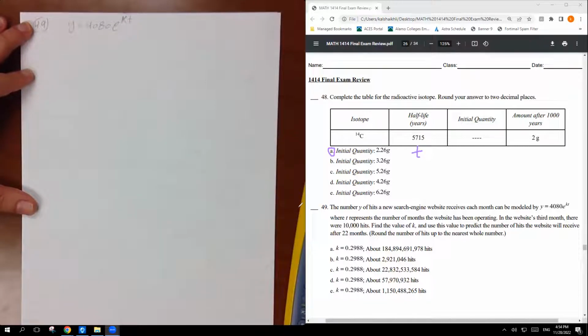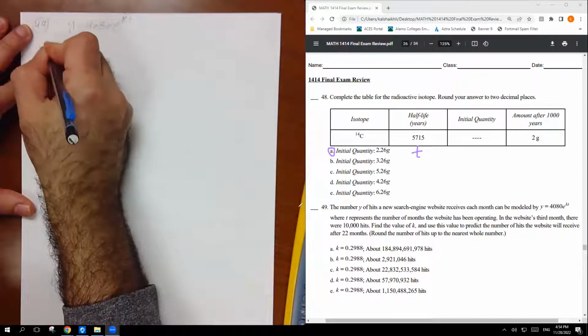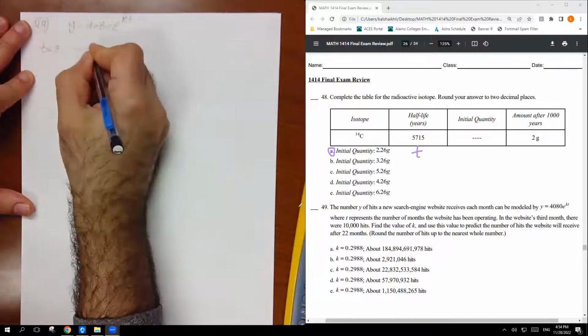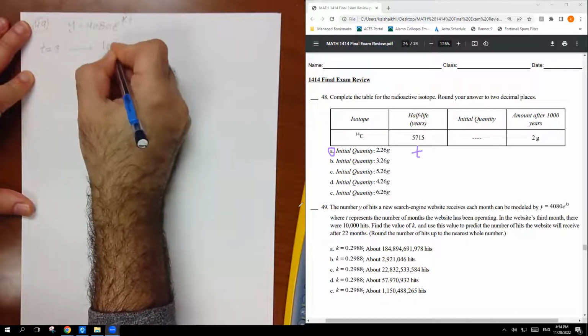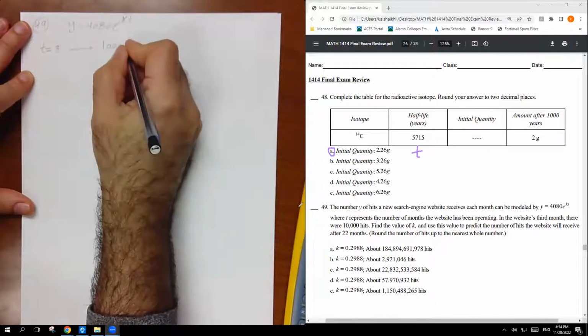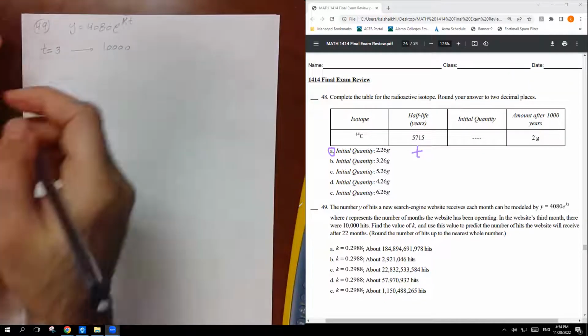In the 3rd month, there are 10,000 hits. So when t equals 3, they ask you to find the value of k. The hits is 10,000. So now we're going to use this information to find k.